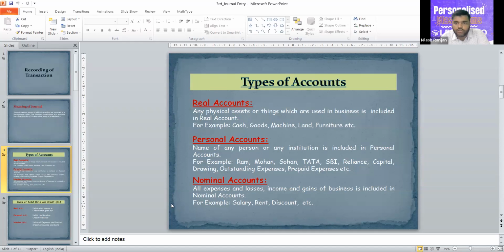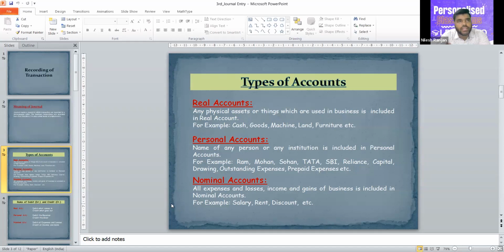The third one is nominal account. Nominal account means all expenses and losses, income and gains of the business are included in nominal account. If there are expenses that we have paid, like wages, salary, rent, electricity expenses, these expenses are nominal account. When we receive income like sales, rent received, discount received, commission received, these items are income for the business.